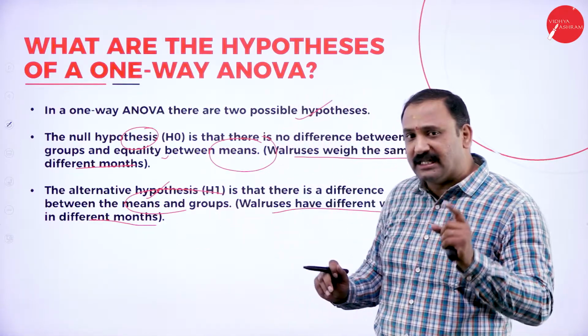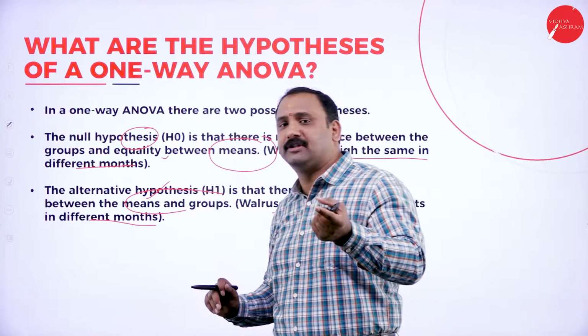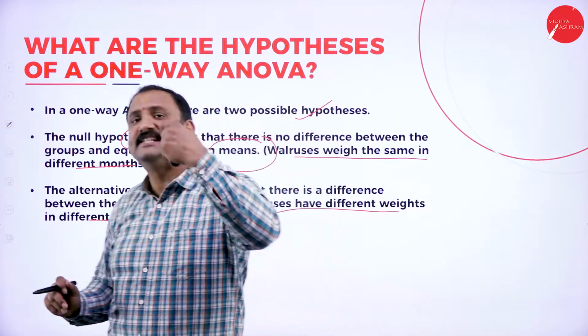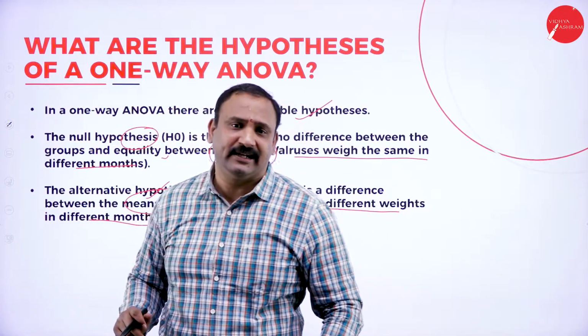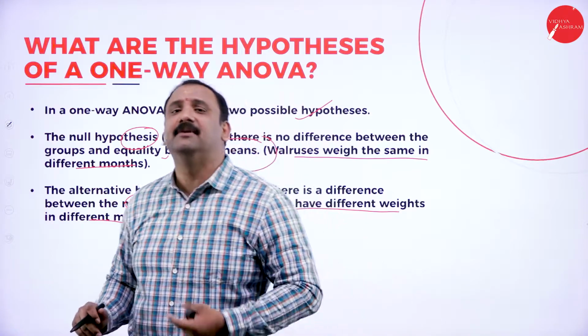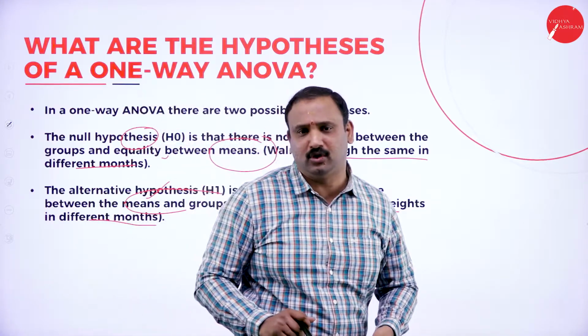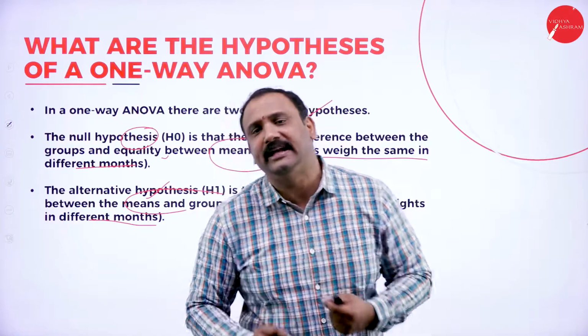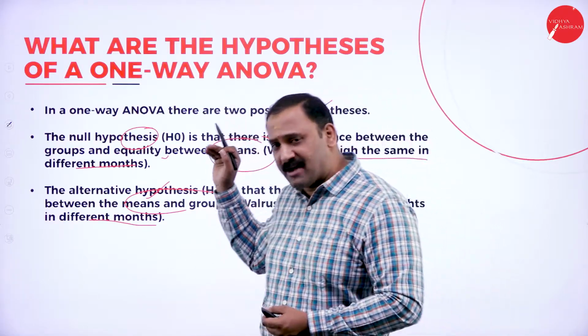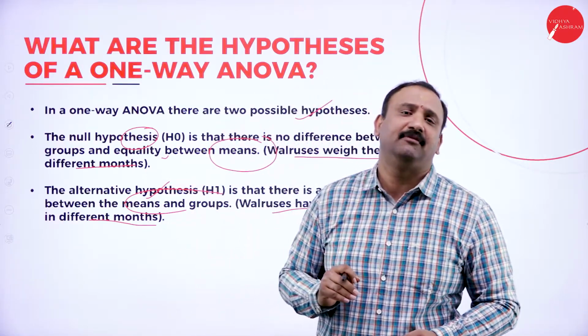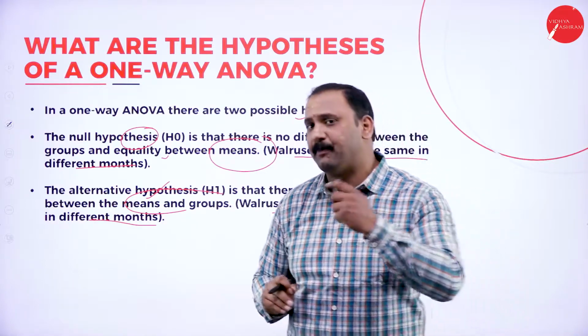So the alternative would challenge the null hypothesis, saying that yes, there is another way of looking at it. There is a possibility altogether. So that's why we have the null hypothesis and the alternative hypothesis.